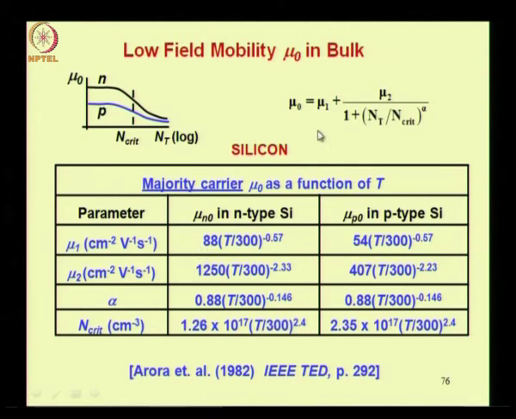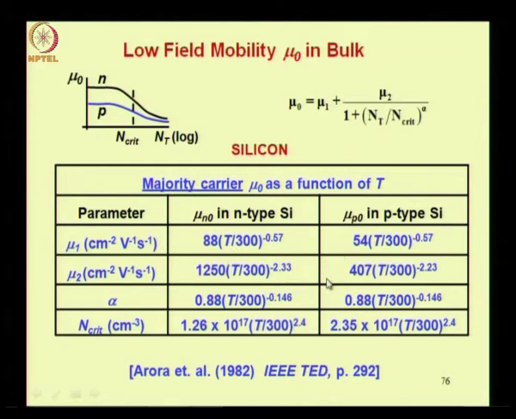One advantage of this formula, as we will see, is that it can be used for majority carrier mobility, minority carrier mobility, and for silicon, gallium arsenide, and so on. That is the advantage of this form of the equation. And also it can incorporate temperature dependence. So each of these terms, mu1, mu2 written here, you see they are temperature dependent.